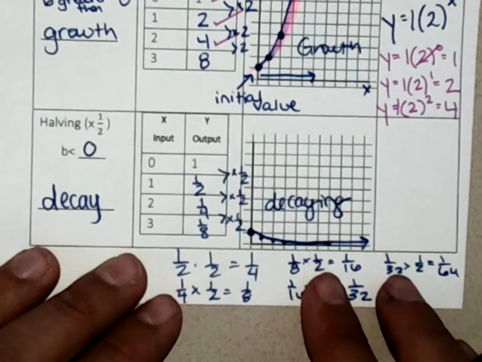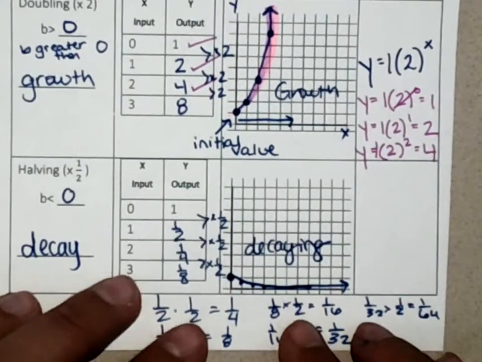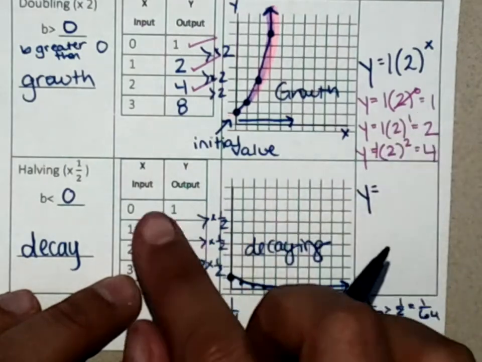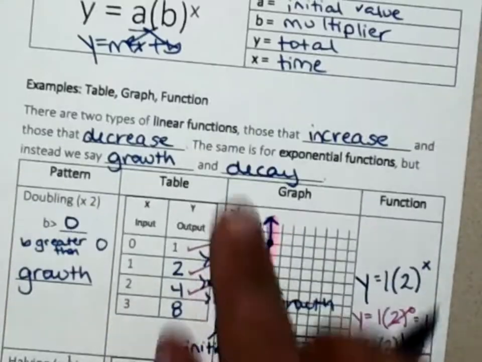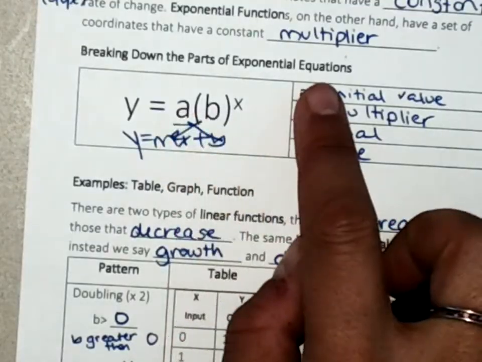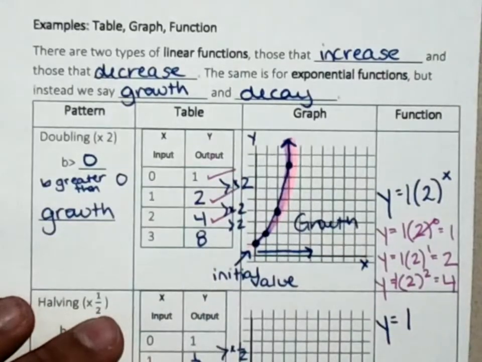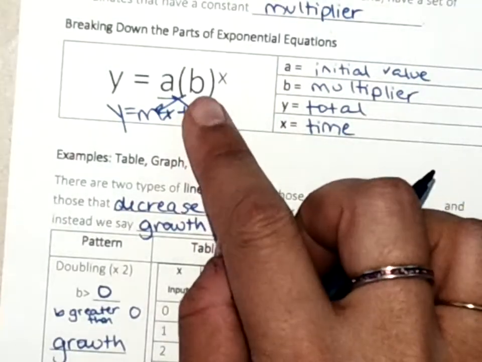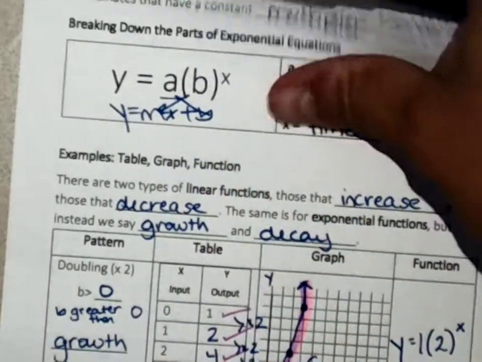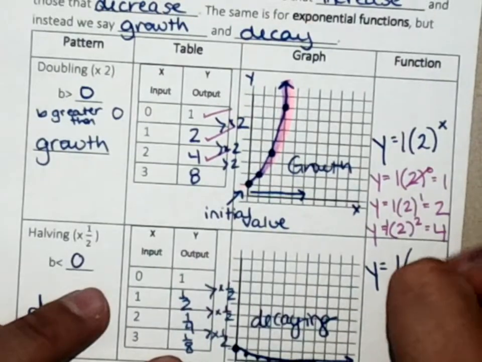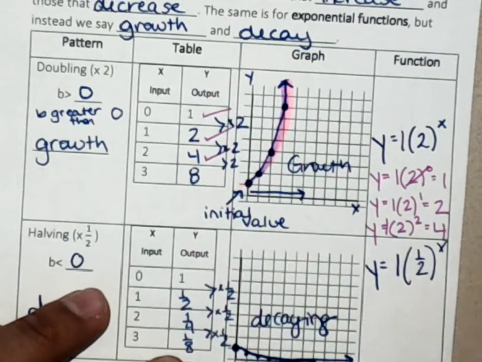So if we wrote a function that represented this, again, y equals our initial value, or our a, is 1. And our multiplier, which is b, is 1/2, because that is what we continued multiplying by, to the x power.